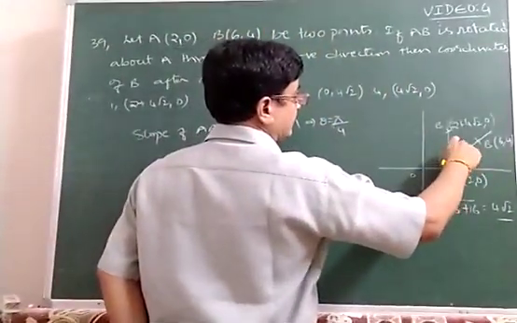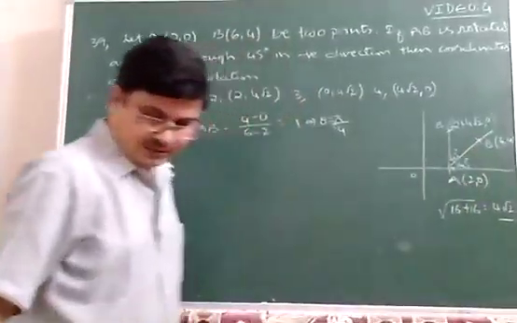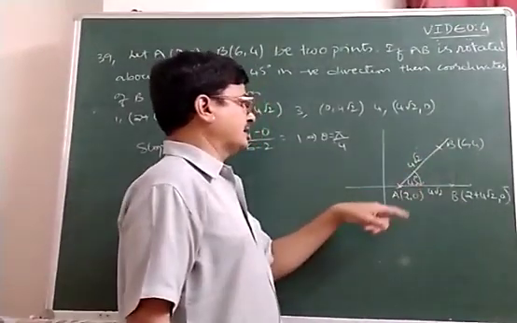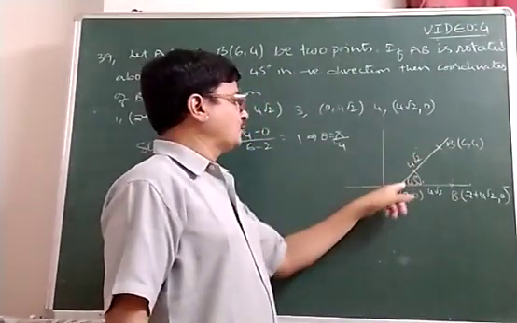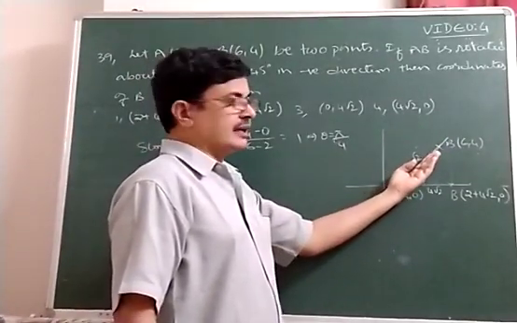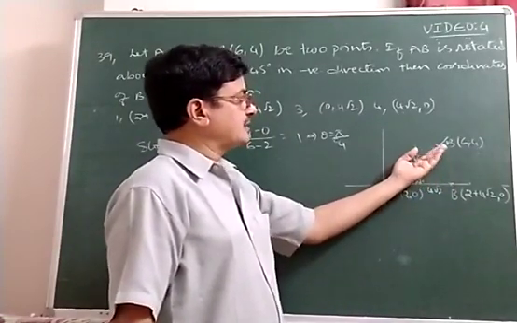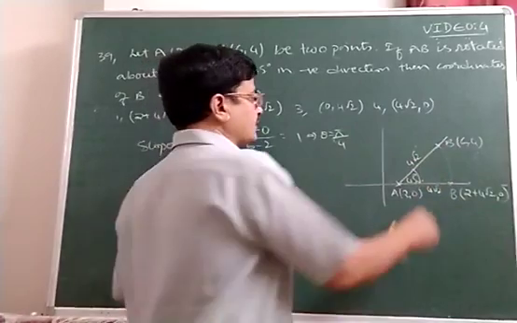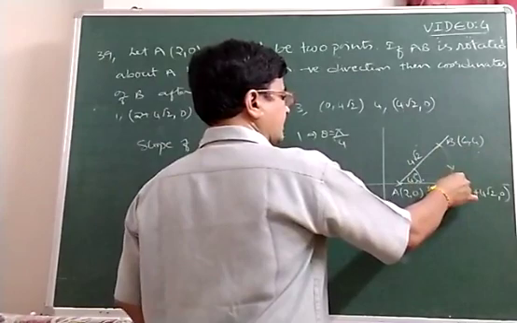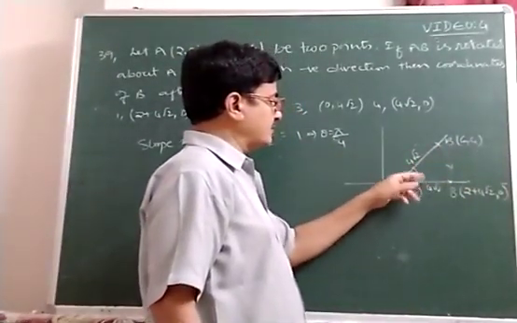Negative direction means if it is 45 degrees, and then it is negative direction. The slope of the line AB is 45 degrees, we found this, and the distance between the 2 points is 4 root 2. The line makes an angle theta of 45 degrees in negative direction. Negative direction means clockwise direction. So the point moves in clockwise direction and reaches the x-axis, because it is 45 degrees.